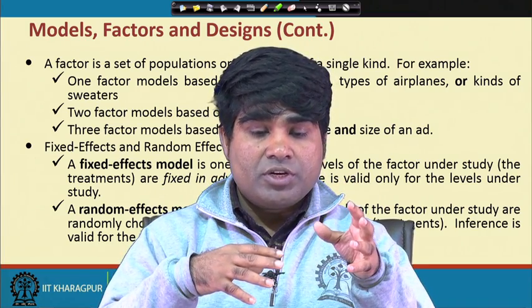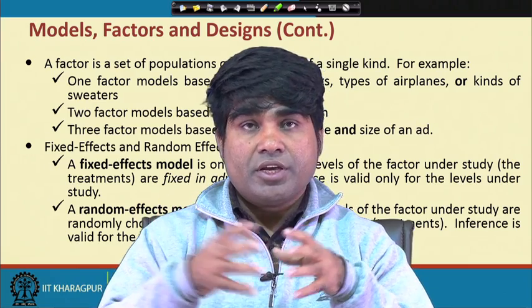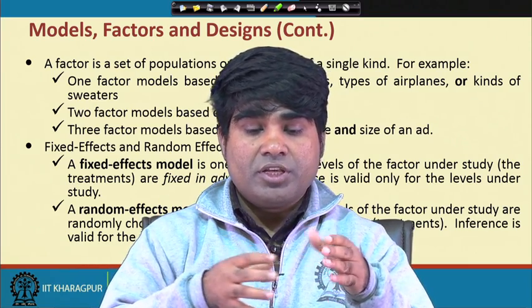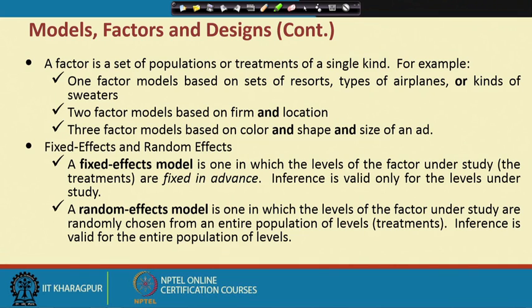Two factor models are based on business firm and site location, and three factor models can be like color, shape and size of a particular service or product. The typical analysis is on the basis of fixed effect models and random effect models.